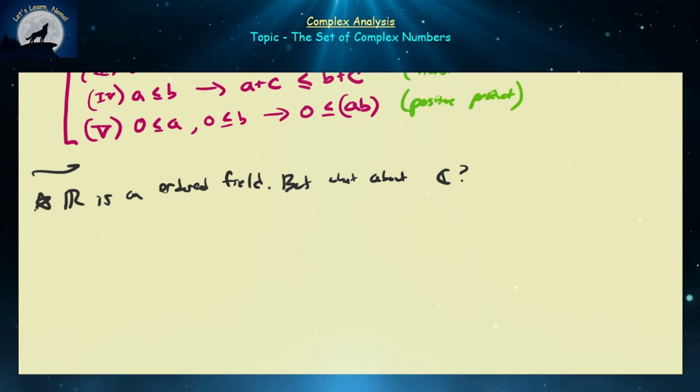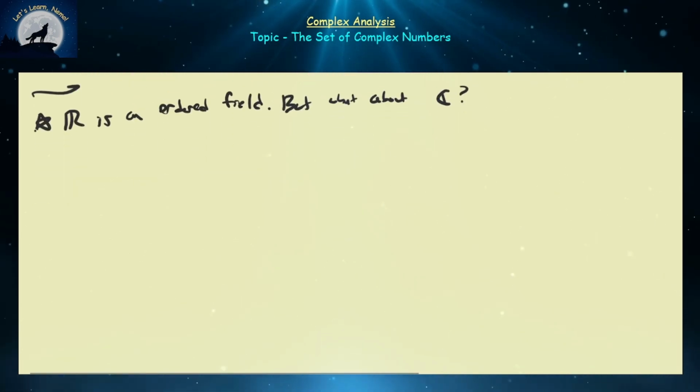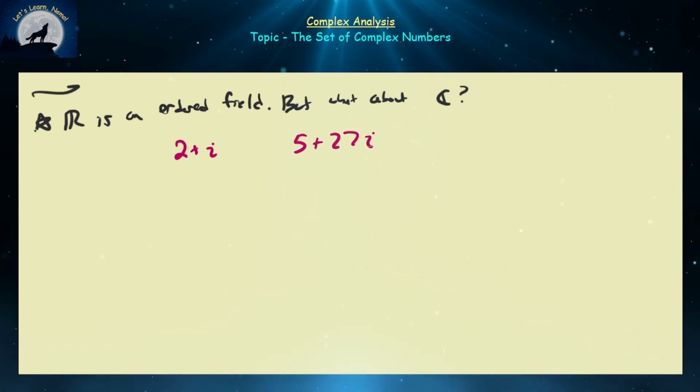Now, if C was an ordered field, then that means we can pick any 2 complex numbers, for example, 2 plus i and 5 plus 27i, and be able to put a symbol in between them that represents some ordering. For example, is 2 plus i less than 5 plus 27i?